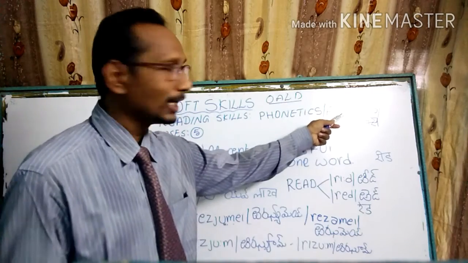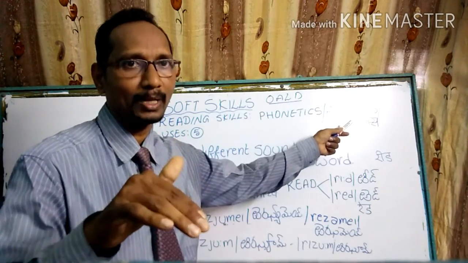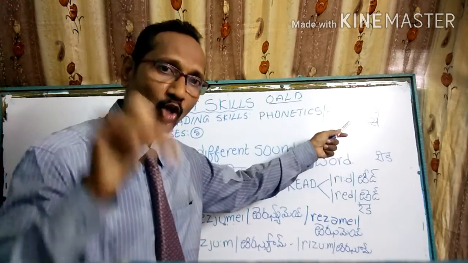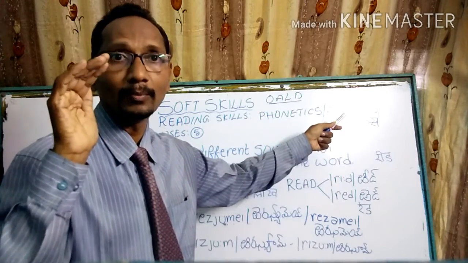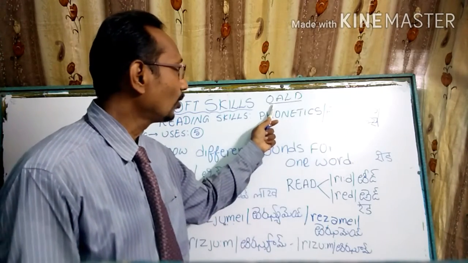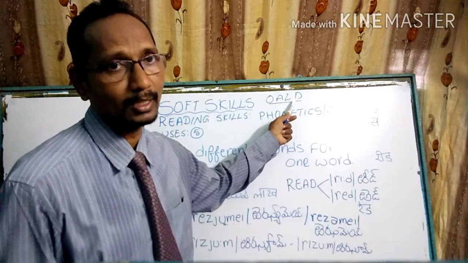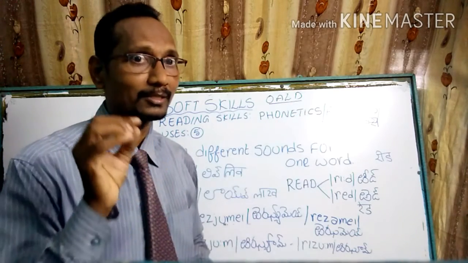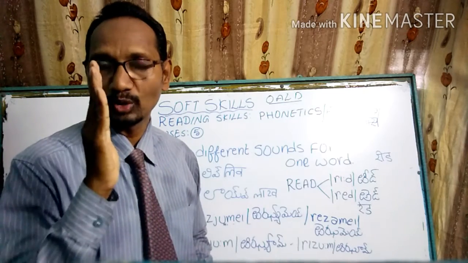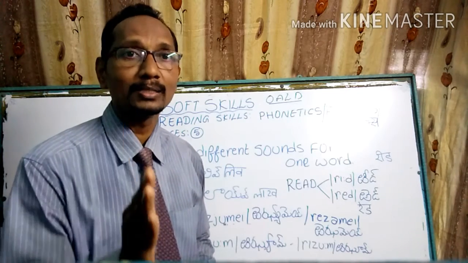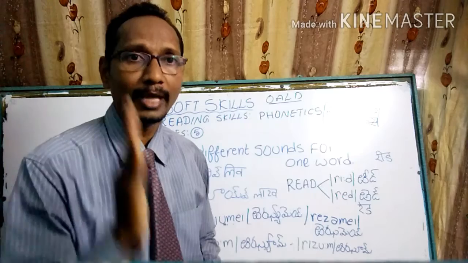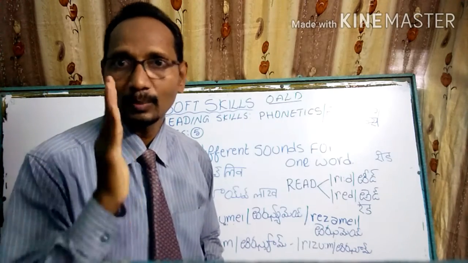In this way, the words are written in phonetic formation and can be read out from the OALD, Oxford Advanced Learners Dictionary. Being CBSE students, you should develop originality. Pronunciation should be as native English speakers pronounce.